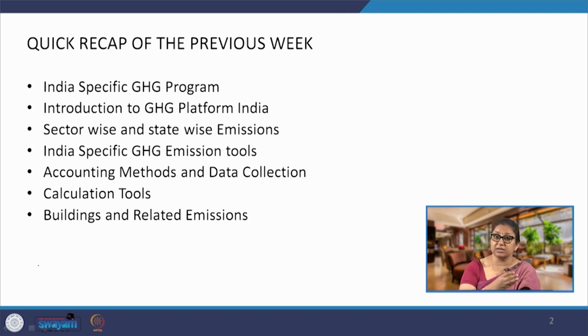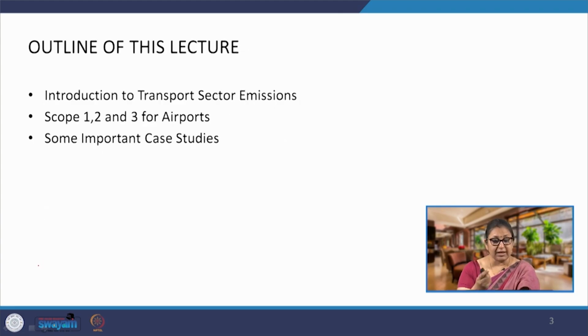This is all we have done in the previous week, and in this lecture today we are going to quickly look at the emissions coming from the transport sector overall, and then scope 1, 2 and 3 emissions for airports specifically. In some of these case studies there may be generic numbers for airports in general, while in the majority of cases we have looked at audited case studies where people have accounted and reported the emissions from their facilities.